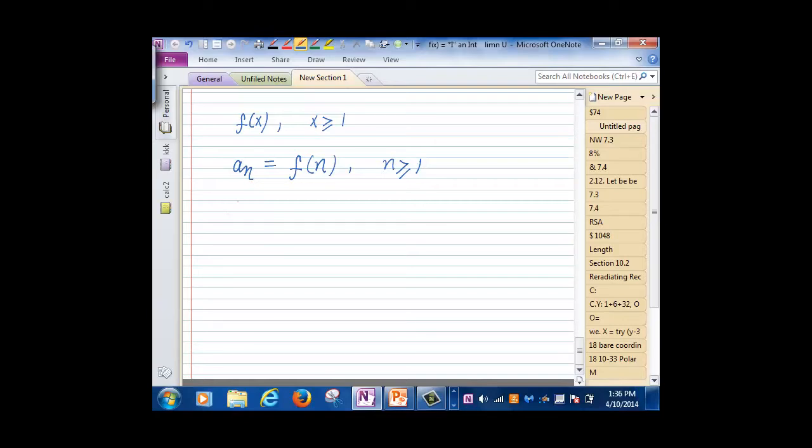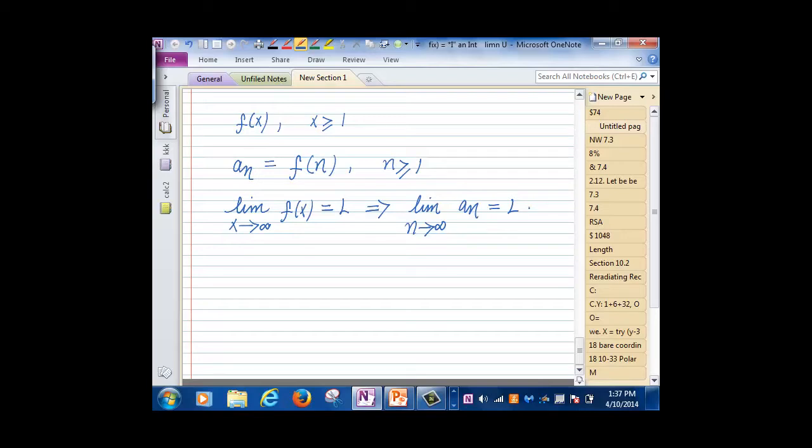What we are saying in that theorem is that if the limit as x goes to infinity of f of x is L, that implies that the limit as n goes to infinity of a_n is L as well. What's the difference?